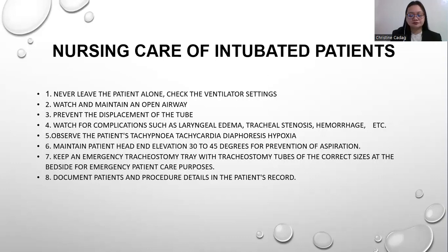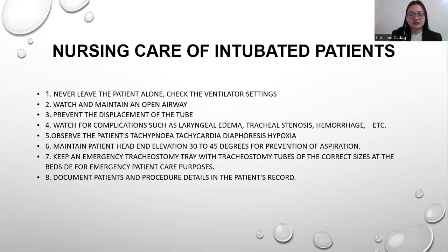You need to note the heart rate, the RR, the color of the patient, if the patient is perfusing well or not. Also, you need to check the ABG result, and if there's any abnormal result, you need to immediately tell it to the doctor.